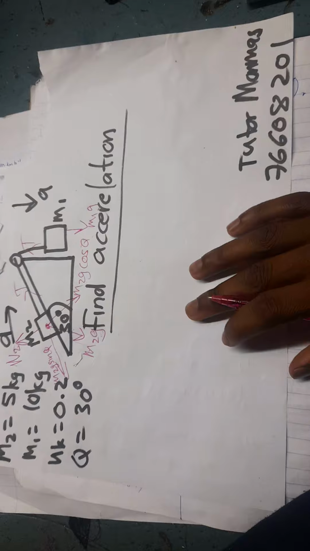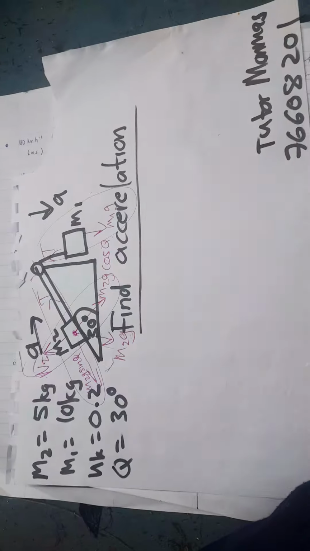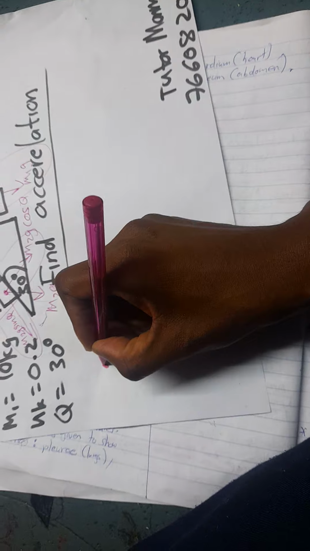After identifying our forces, we look at the interaction of the forces. These forces are interacting, these forces are interacting. After here you draw what? A free body diagram. This force is going to be slanting.